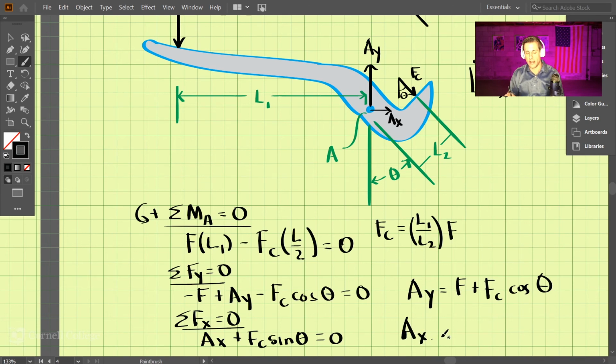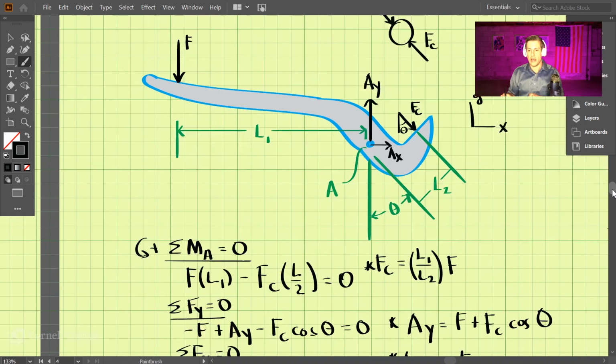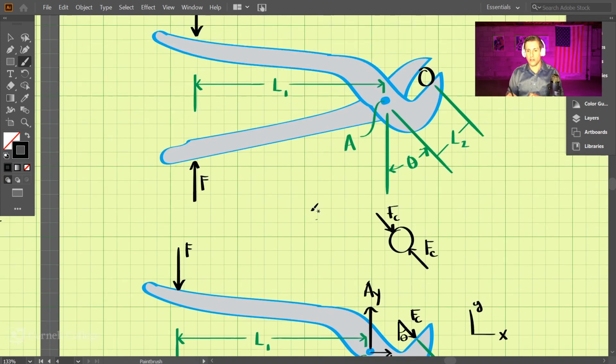And we have AX is then equal to negative FC sine theta. All right, so we've solved for the forces in the pin joint as well as the clamping force. Now, we didn't analyze the upper arm or the other part of the plier here, but we could, and we could solve these equations simultaneously.